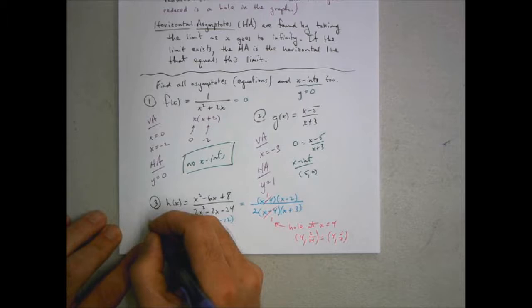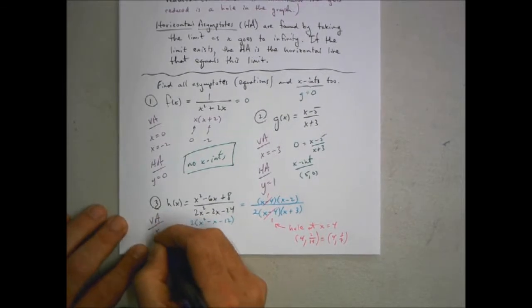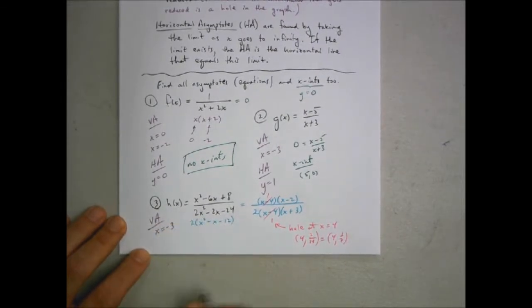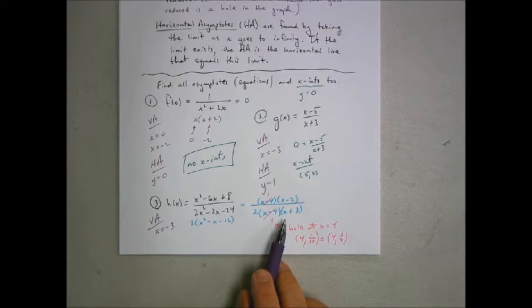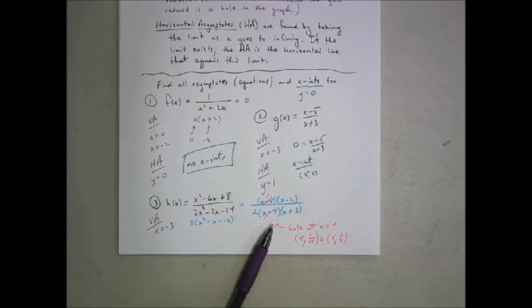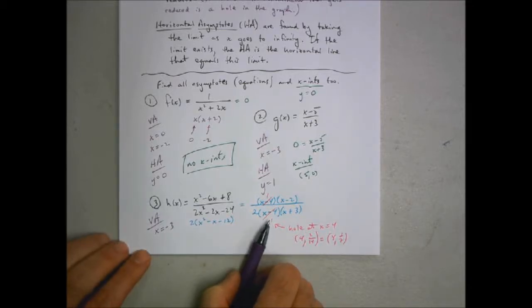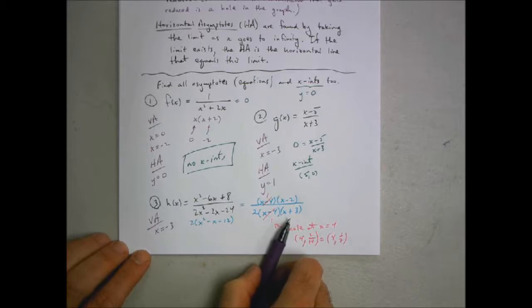If we take the limit as x goes to infinity. Now, notice one of the x's reduced out of the denominator here. Here's some general good advice. There has to be at least one x left in the denominator for there to be any asymptotes at all.